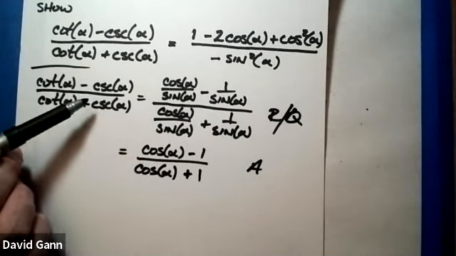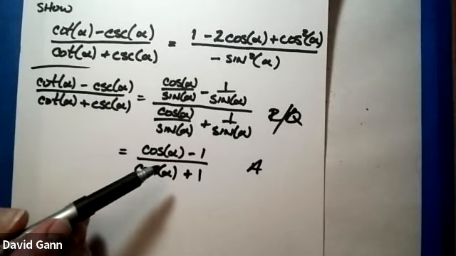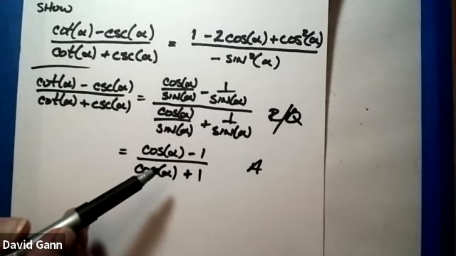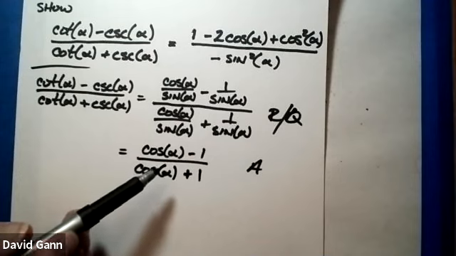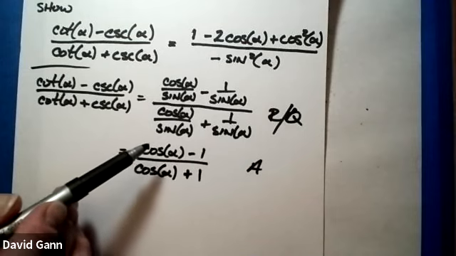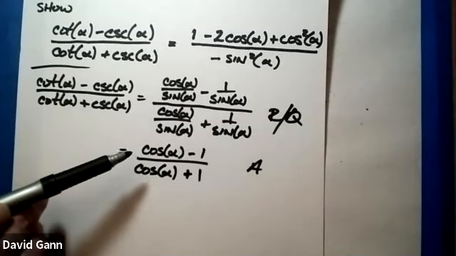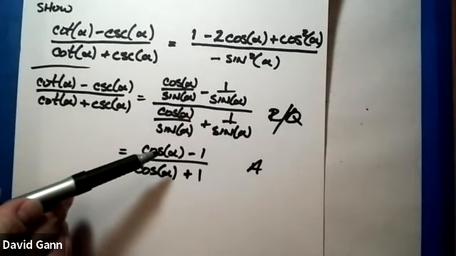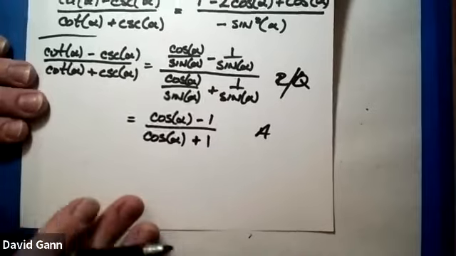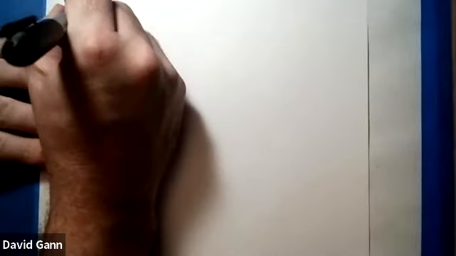Notice there's two different trig functions here, both of which are the less comfortable ones. Here there's only one, and it happens to be cosine, which is more comfortable, generally speaking. So rather than trying to complexify this term, how about I just pause and then start over with the right-hand side and see if I can get the right-hand side to look like this. I've run out of space here on the page, so I'm going to move to a new page and pick it up from there.